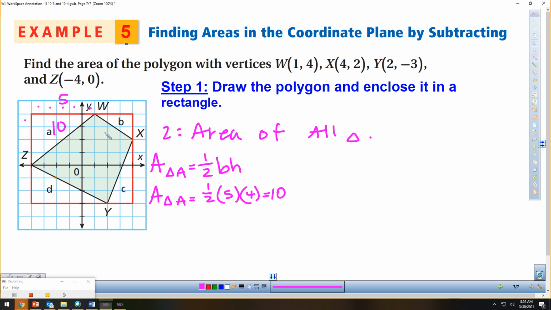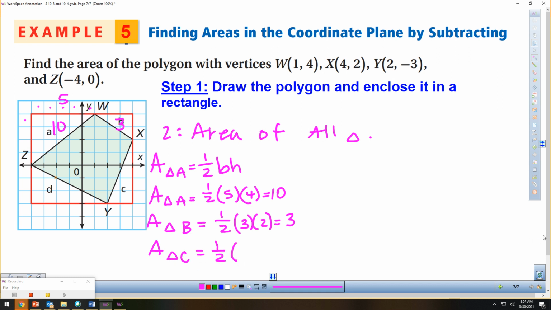Okay. Now I need to find the area of triangle B. So that's 1/2. What's the base of triangle B? 3. What's the height of triangle B? 2. So that area is just 3. Now we need to find the area of triangle C. So that's 1/2.